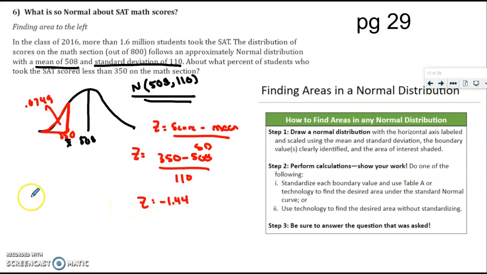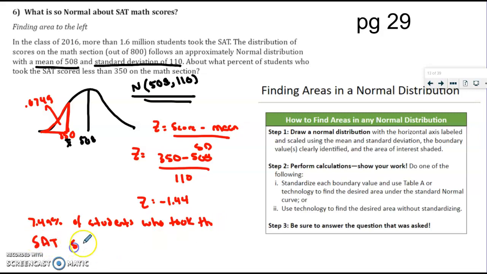So in this case, it looks like we have 7.49% of students who took the SAT scored less than 350 on the math section.